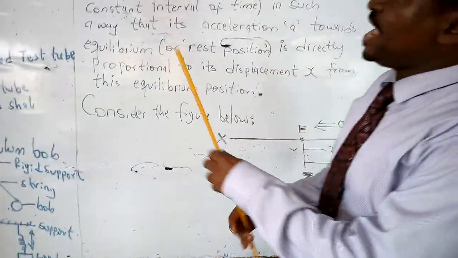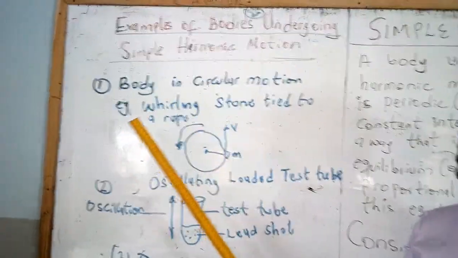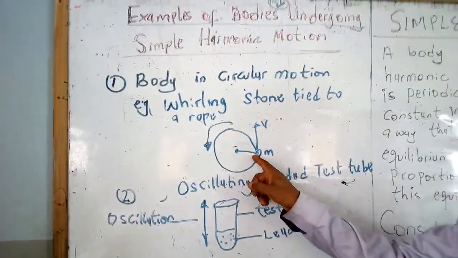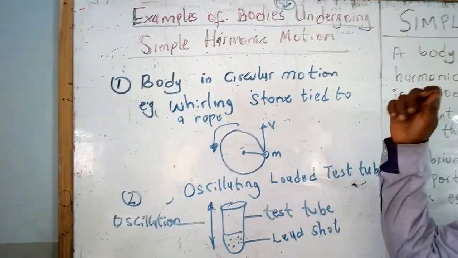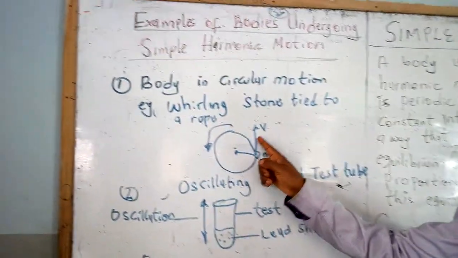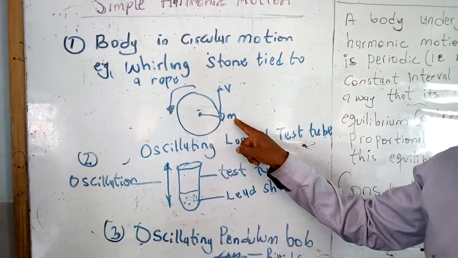Now, examples of bodies undergoing simple harmonic motion are, for instance, if you tie a stone with a string or rope and you whirl it circularly, in such a way that the stone moves with a constant velocity v, and the mass of the stone is m.